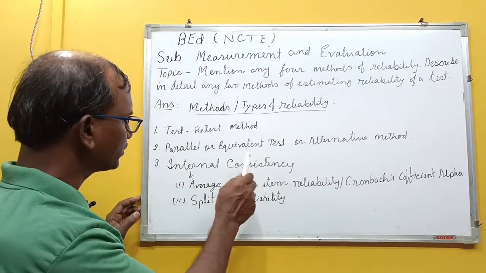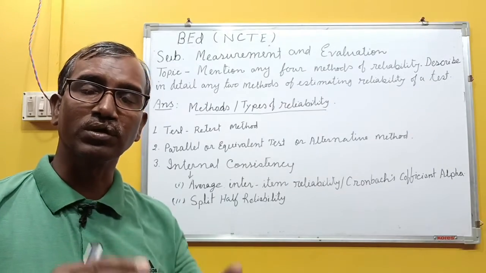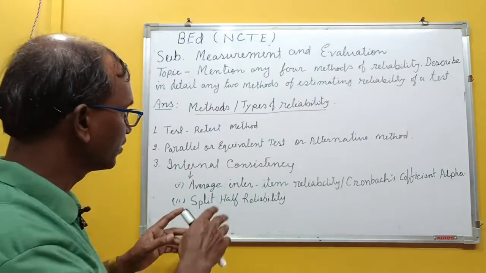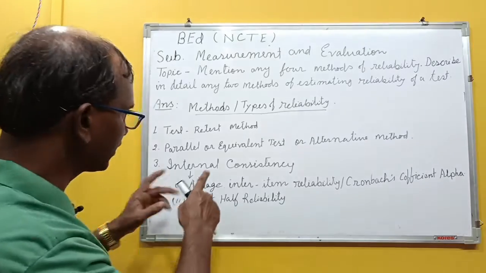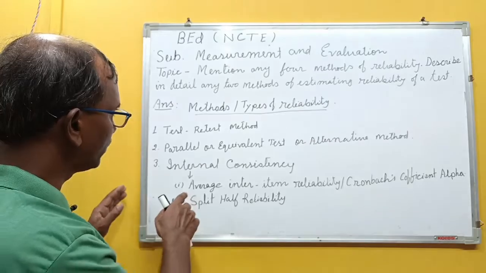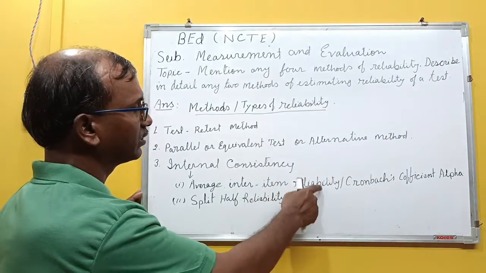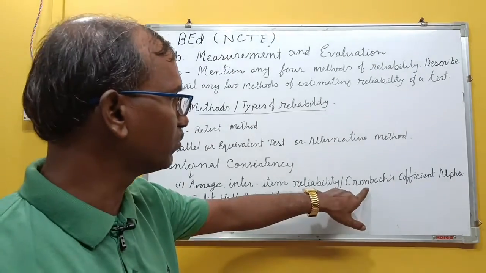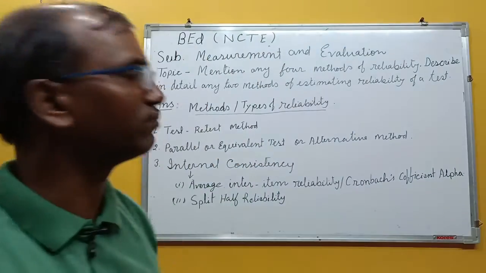The internal consistency of a test may be found out in two ways: by average inter-item reliability, which in some books is also known as Cronbach's coefficient alpha.